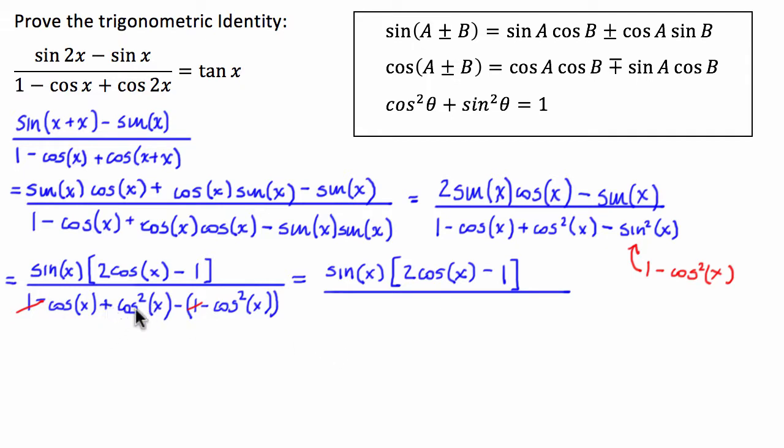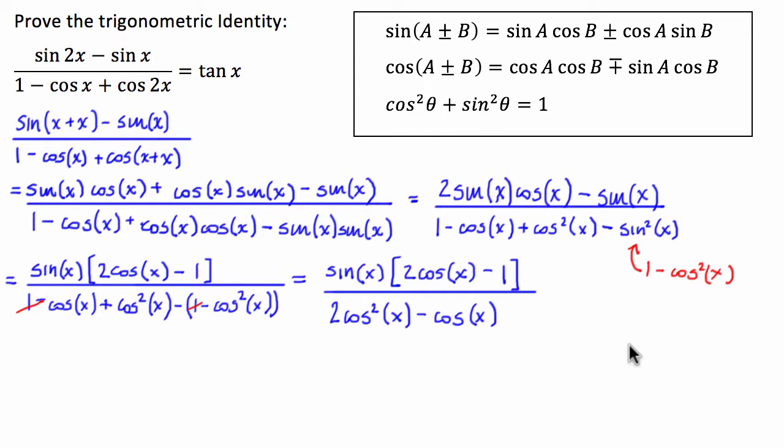And we've got cos squared of x minus cos squared of x. So that'll be plus cos squared of x. So in the denominator, we're left with 2 cos squared of x minus cosine of x.